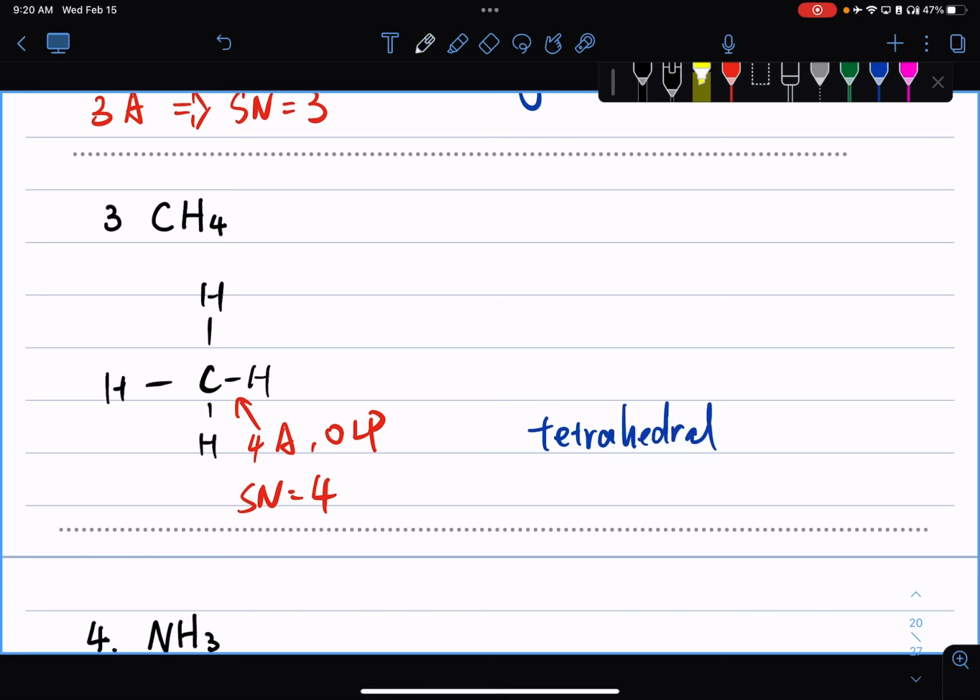So the way we draw a tetrahedral geometry is use wedges and dashes whenever you have an atom that's in and out of the surface. So I'm going to just draw it with you, and you want to take some time to practice your drawing, because you're going to see the tetrahedral come out again and again. So the way we draw it is, again, we put the carbon in the middle.